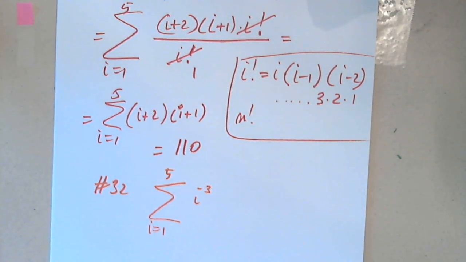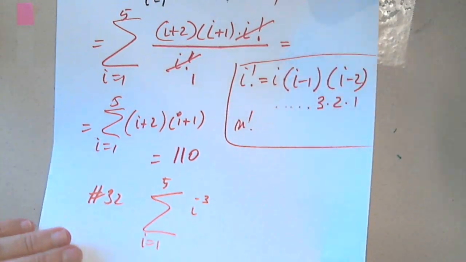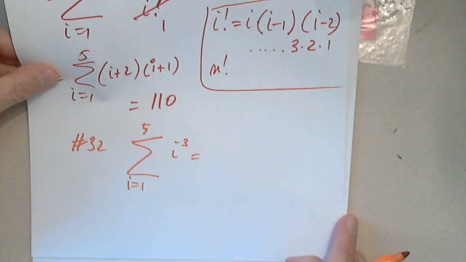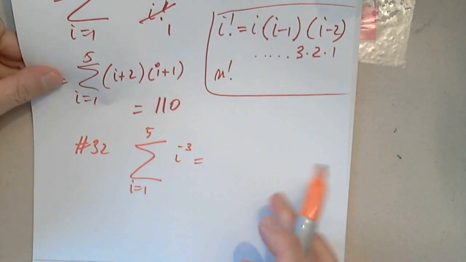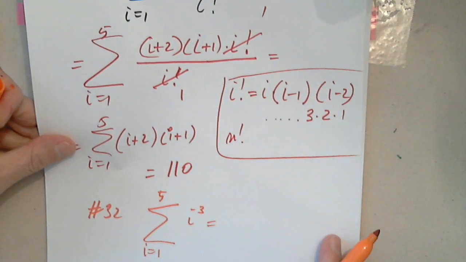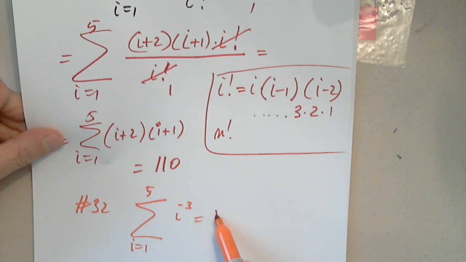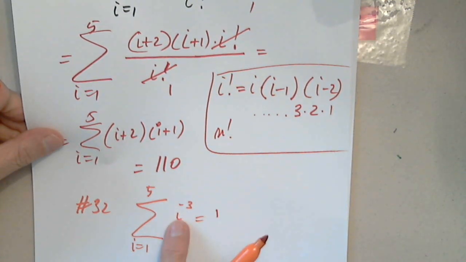Okay, how many terms now? Let's say I want to list them. Can anyone list those terms for us quickly? And how many terms will you list? 5. Yes. And the first one is? 1 to the third, when i is 1.